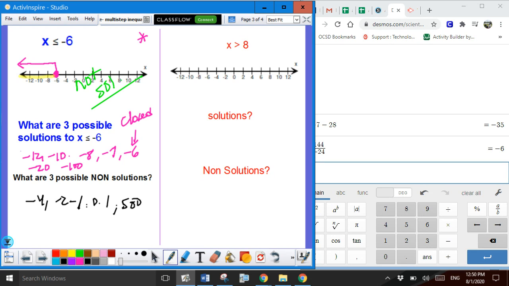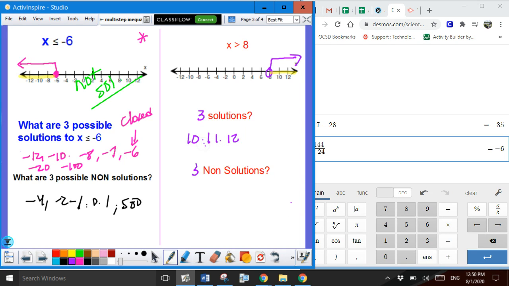Okay, so let's take a look at x is greater than 8. So if I have greater than 8, here are my solutions. So take a minute and tell me 3 solutions and 3 non-solutions. Okay, so 3 possible solutions. I could use 10, 11, 12, 500, etc. Okay, anything bigger than 8.